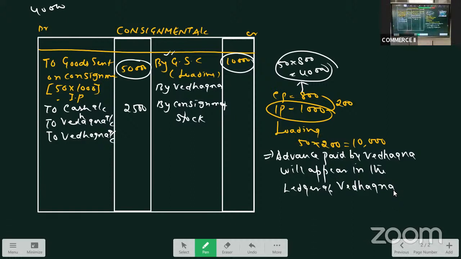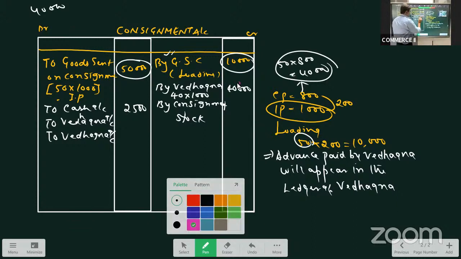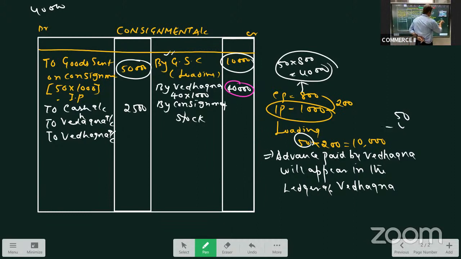Okay, next. Vedagna sent an account sale with the details showing 40 boxes at the rate of 1,000 each. See, what are the total number of boxes consigned? 50. How many are sold? 40. At what price? 1,000. So 40 into 1,000, 40,000 are the total sales. Okay, so see, out of 50 boxes, if 40 are sold, 10 are unsold.